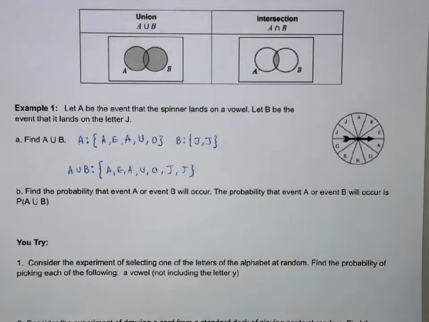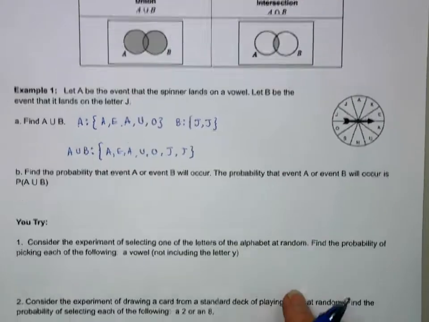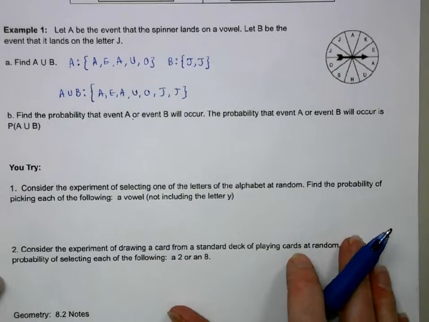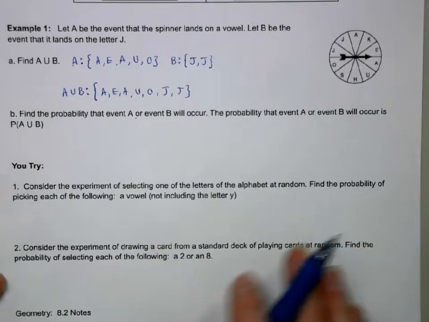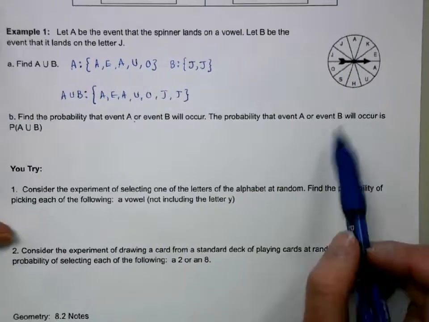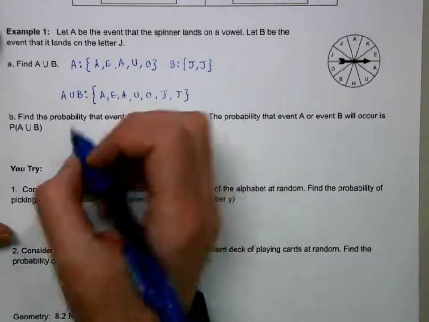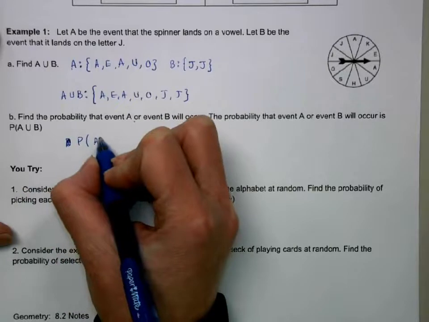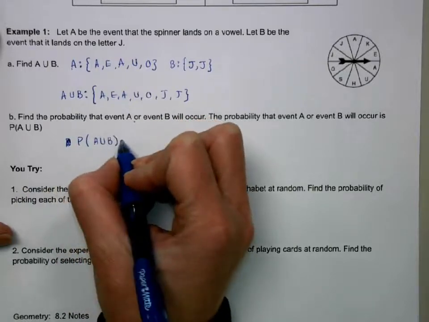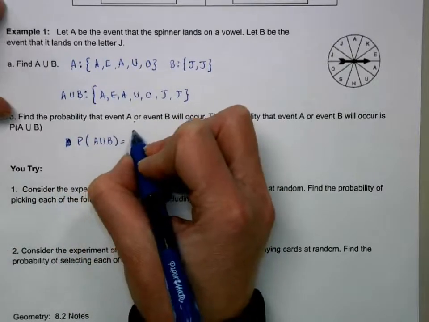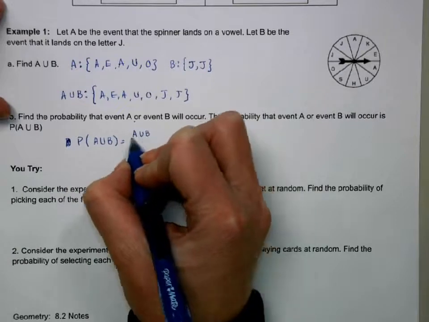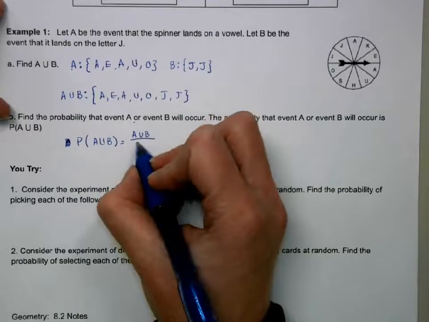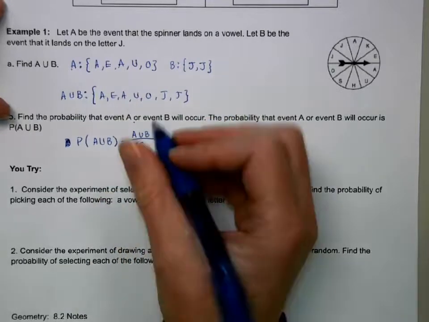All right, probability. Find the probability that event A or B will occur. So "or" is a good word there. The probability that A event or B event occurs: this is probability, P, of either A happening or B happening. Well, that's going to be our desired outcome, which is any of these, over the total number of options, which is our sample space.